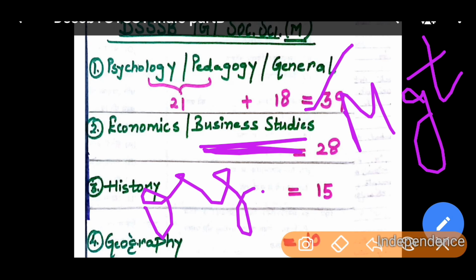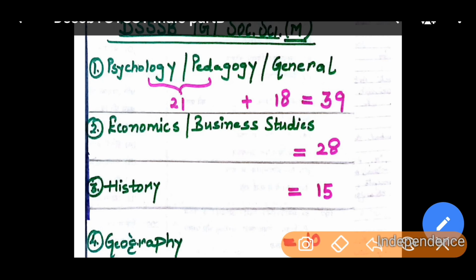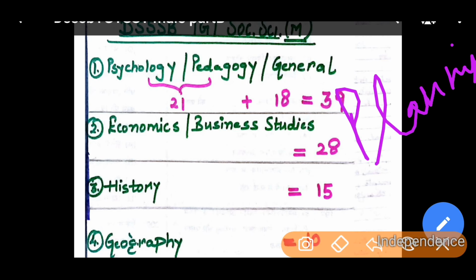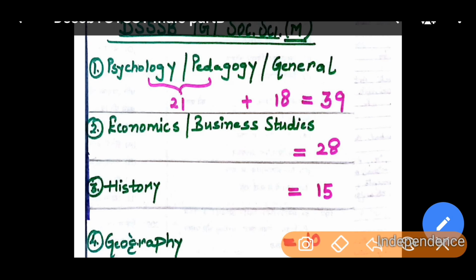For example, there were questions like, what are the steps involved in managing an organization? Is it planning? Is it controlling? Is it directing? Even though you're not a commerce student or have not studied business studies at all, you will know that of course the first step for managing any organization is planning.